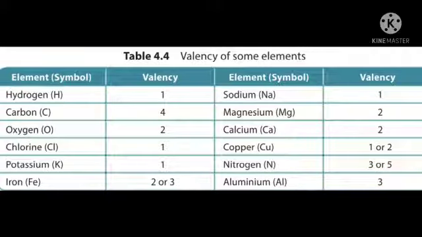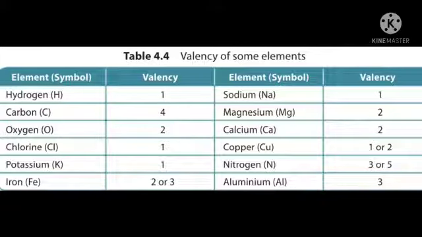Then how to write the chemical formula? Once more we can recall. First you should know the symbols of the elements present in that compound. First write the symbol, then you should know the valency of each one, and write it below that symbol.